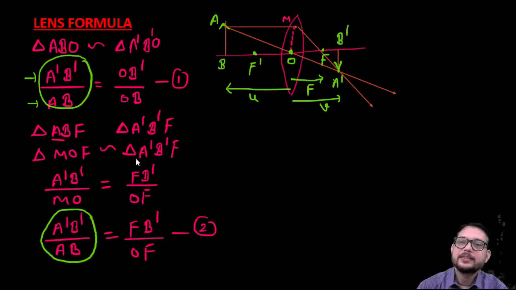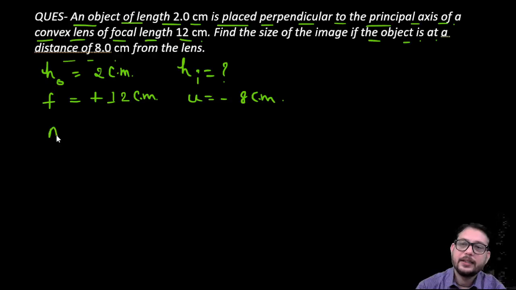So either you can use equation 1 or equation 2. Let's suppose we write equation 1: A'B' upon AB is equal to OB' upon OB.